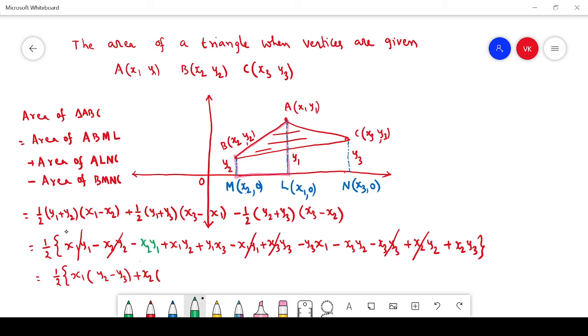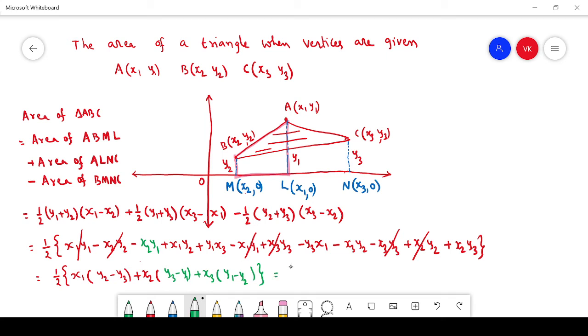Wherever x2 is there: x2 times (y3 minus y1). Plus x3 common: x3 times (y1 minus y2). These are six terms: 1, 2, 3, 4, 5, 6. This is the area of the triangle.